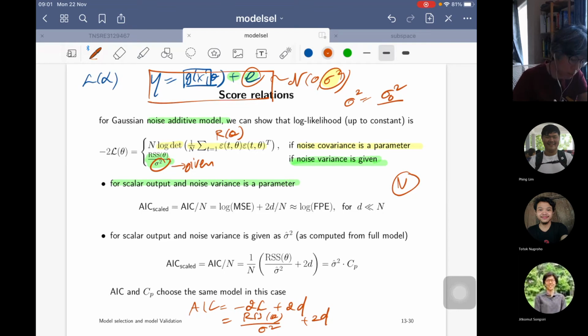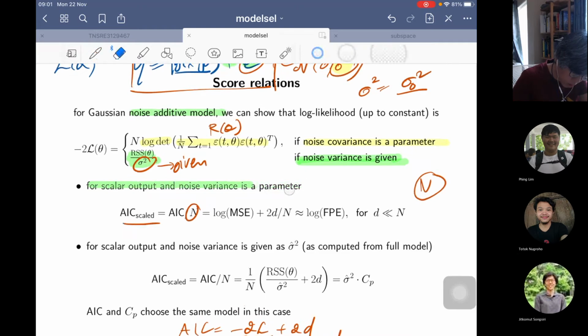Some people also consider the AIC in a scaled version, scaled by the number of samples. Sorry, I explained it in the wrong case. The case we're considering is actually not the green one. Sorry, it is the case of the yellow one, when the noise variance is also a parameter.